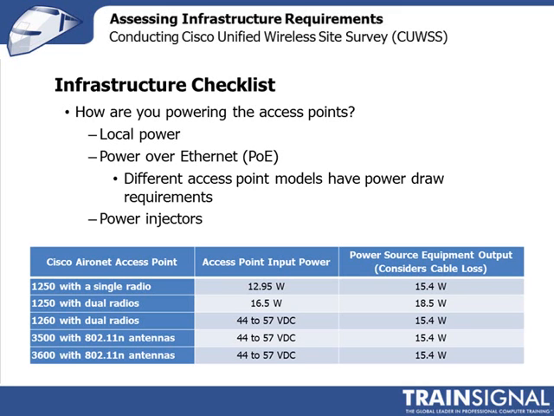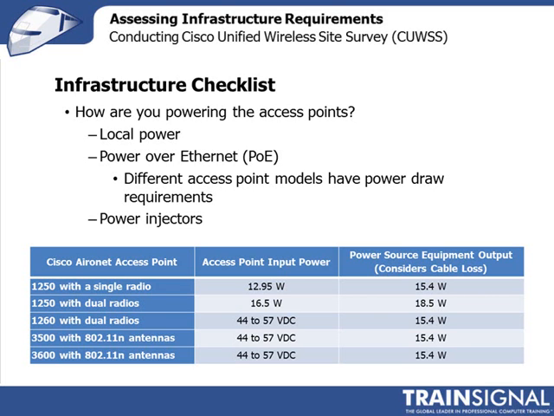So next on the list is to think about how you are going to power the access points. Now an access point can be no further than 100 meters away from where your PoE switch is, and 100 meters is 328 feet.